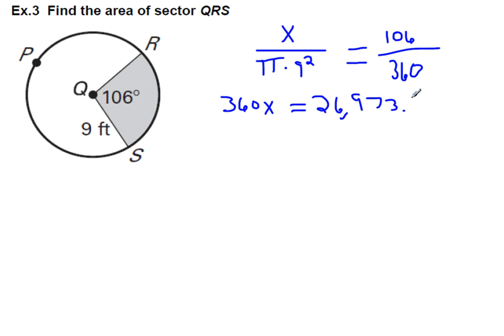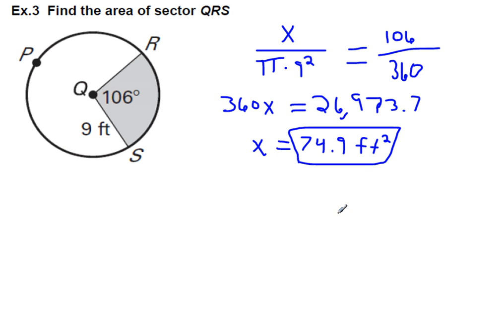I'm just kind of writing it down as a reference, but then immediately I'm going to divide that by 360. So make sure you leave that number on your calculator, the full number with all the numbers behind it, and then just press divided by 360. And so you get 74.9. And we do have a unit now. This is feet squared. 74.9 square feet.